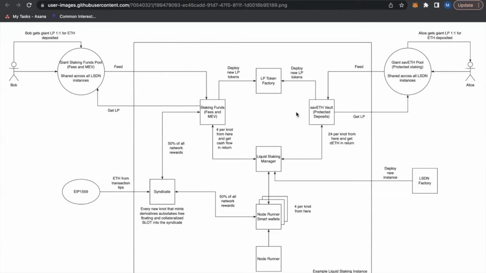So consider a scenario where a whale has 1,000 ethers and all it knows is ether. So it deposits in the giant pool. And say I am not as big of a whale, but I have 100 ethers. I mean, I wish, but let's assume. I have 100 ethers and I have the technicality of being a node runner.